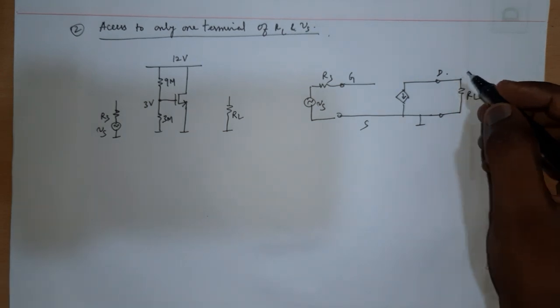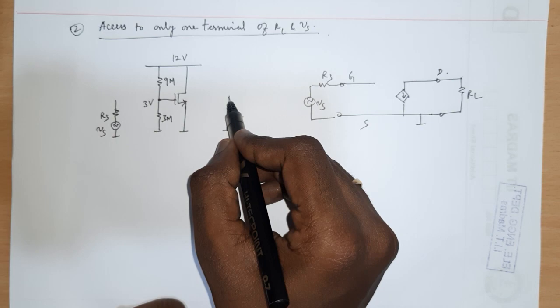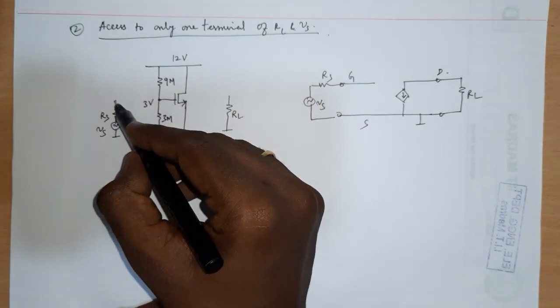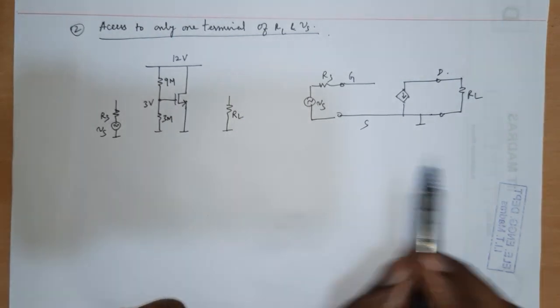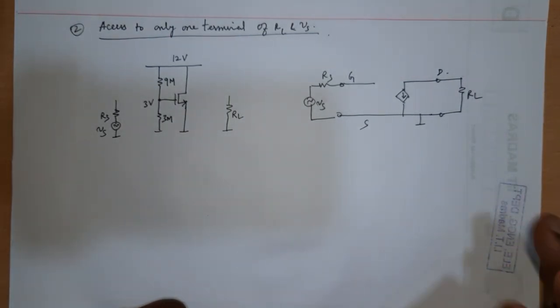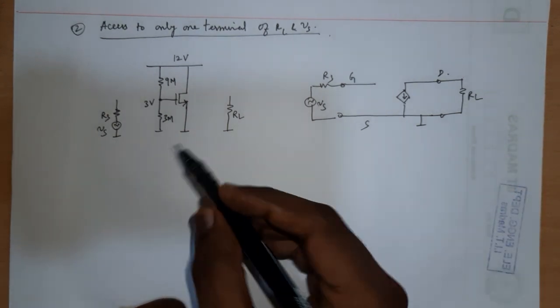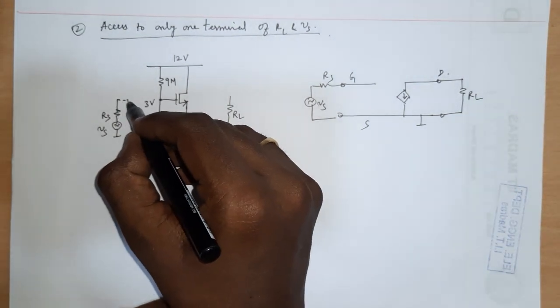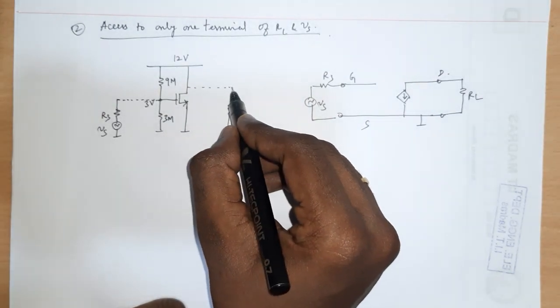So now I need to connect this particular terminal of RL to the drain and this particular terminal of Vs, or Rs, to the gate. This is something that I need to do for achieving the incremental equivalent that I wanted. But what happens if suppose I connect them like this, and also here I connect them like this?